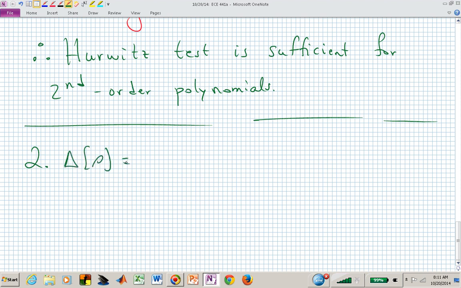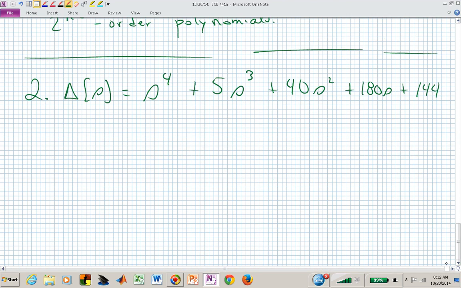Let's now look at another polynomial. Suppose now we have s to the fourth plus 5s cubed plus 40s squared plus 180s plus 144. If somebody wanted to know, does that polynomial have anything maybe in the right half plane, or is it unstable, you might perform the Hurwitz test.